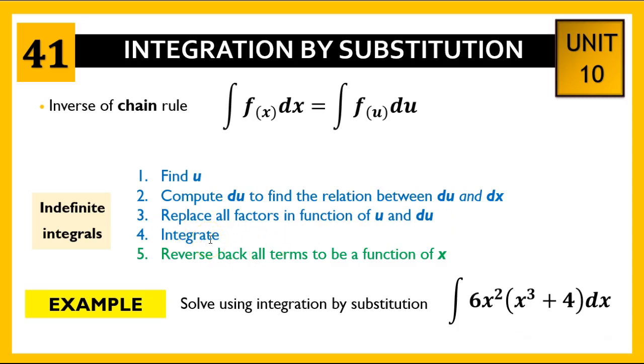However, for the case of indefinite integrals, once we finish the integration, we will need to reverse back all terms to be a function of x again. Let's solve this example to illustrate how we proceed when we have an indefinite integral.